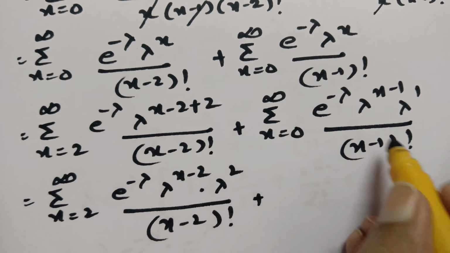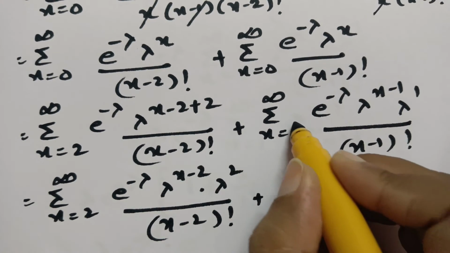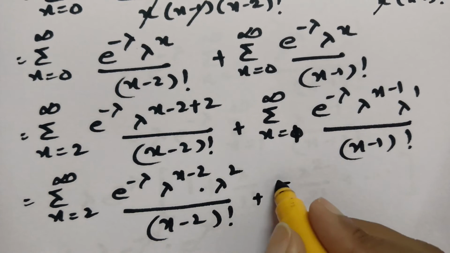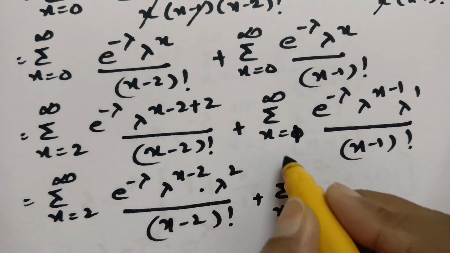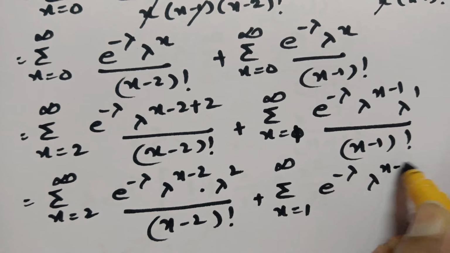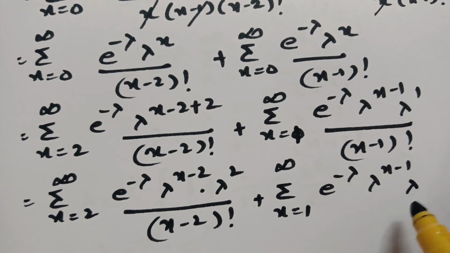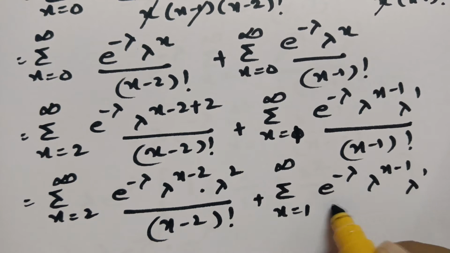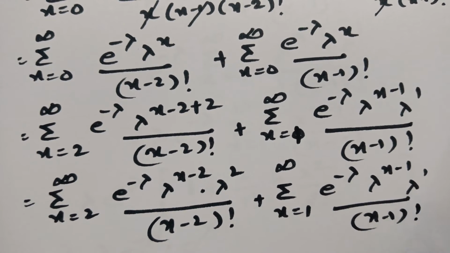And here also, see here, I made x minus 1, so I have to start with x equal to 1 to infinity. So this is sigma x equal to 1 to infinity, e power minus lambda, lambda power x minus 1 into lambda power 1 by x minus 1 factorial.